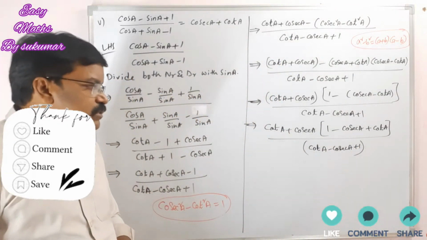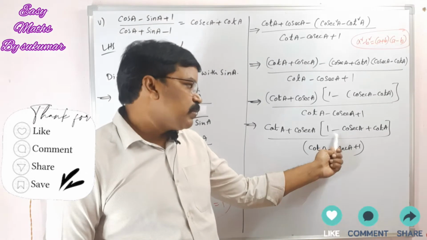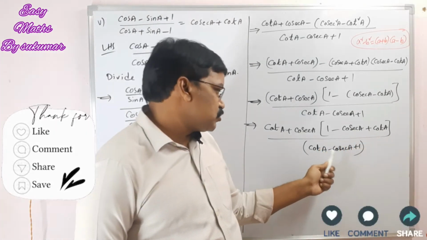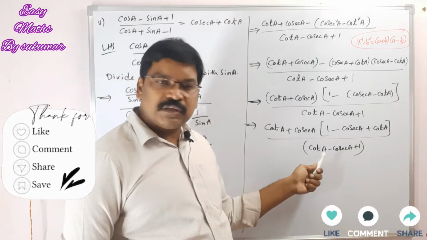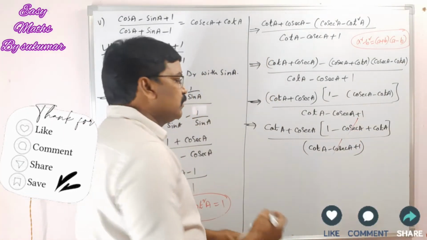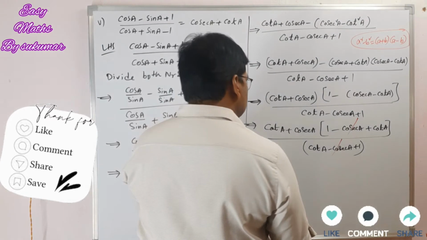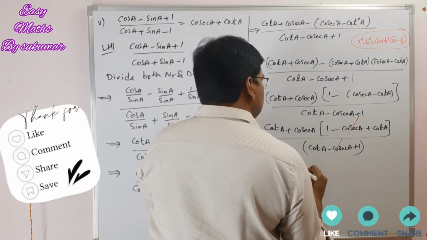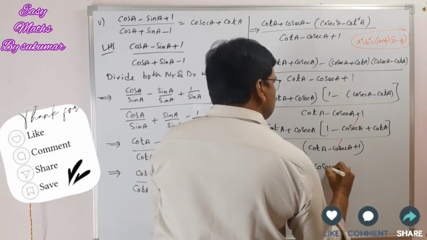Here my dear students, if you observe here 1 minus cosecant A plus cot A, here also 1 minus cosecant A plus cot A. So these two are cancelled, same terms only. So finally here this result is equal to cot A plus cosecant A.